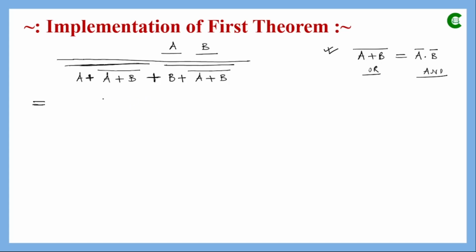Between A and the output of this Boolean expression there is a NOR operation, and between B and the output of this expression there is also a NOR operation. So it is in the form of (A plus B) bar, as in this theorem.